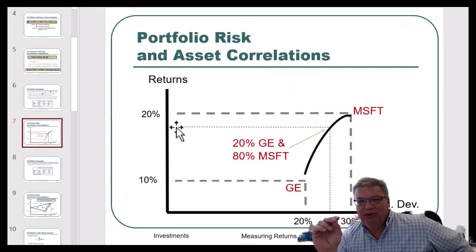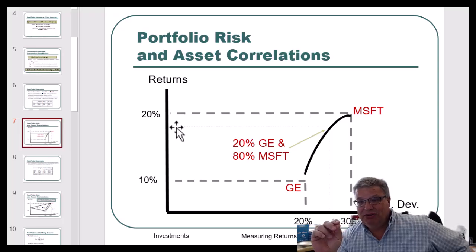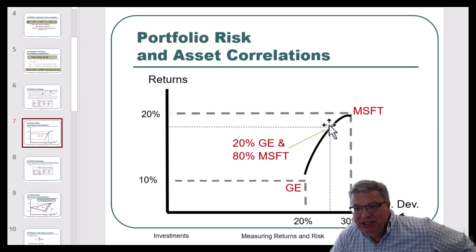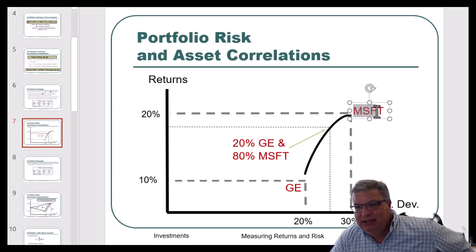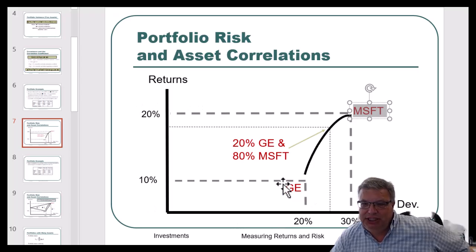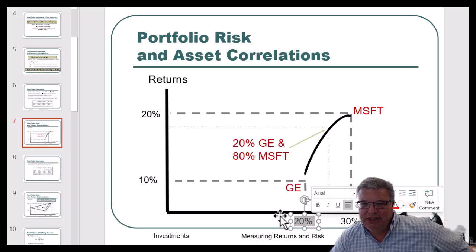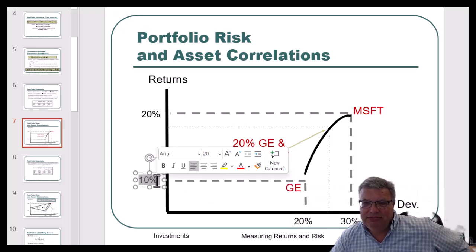So the portfolio that we just calculated, which was 80% Microsoft, 20% GE, would be somewhere right around here on this chart. Microsoft right here lines up at 30% standard deviation and 20% returns. GE lines up at 20% standard deviation and 10% return, right?